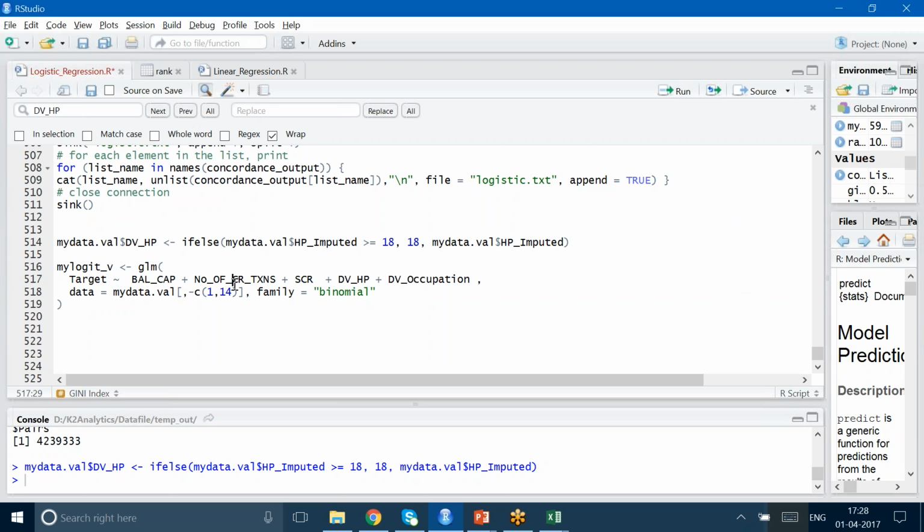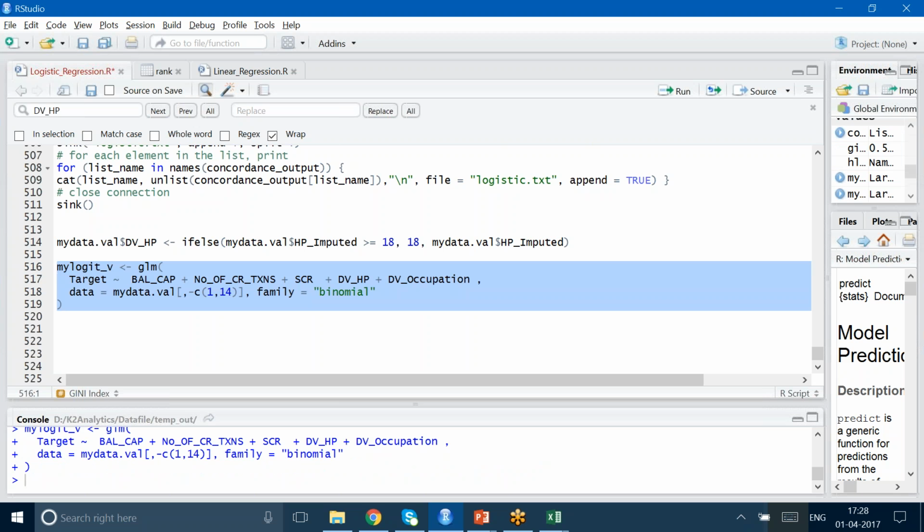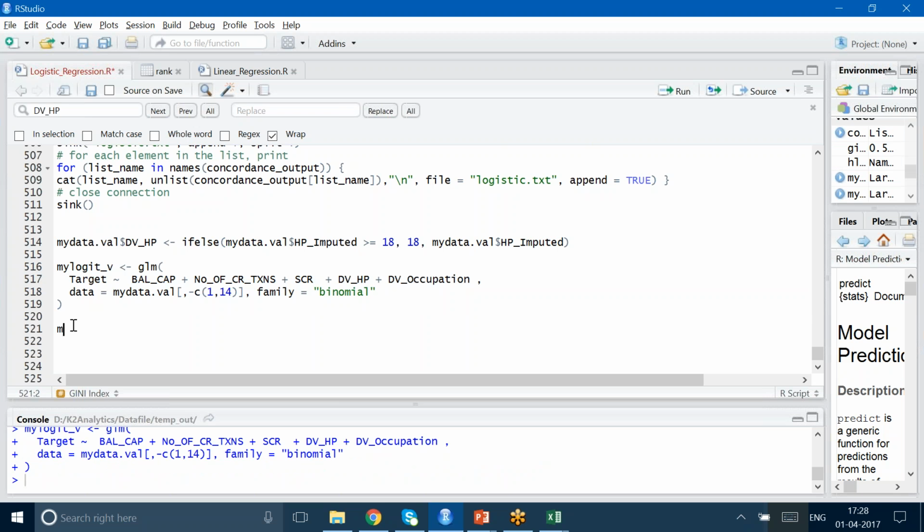Val cap is available, number of credit transactions, core is available, DV holding period is created, DV occupation. So let me run this step, Control R. Let me just get my logit summary and summary of logit underscore V. These are the two things which I require.